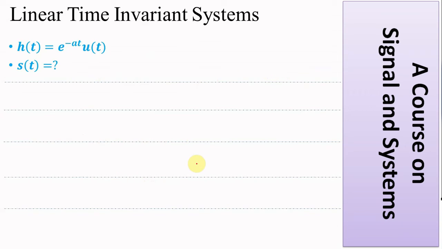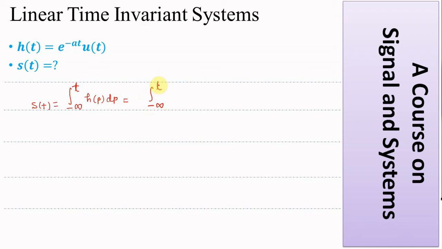In continuous time, we shall see just one quick example. So if I have h(t) is equal to e raised to the power minus a t times u(t), which is the impulse response of the system, can I evaluate what is the step response of the system? We can do that using the same concepts. So what was the concept? That s(t) is basically equal to the integral from minus infinity to t of h(p) dp. So I can just quickly evaluate this.